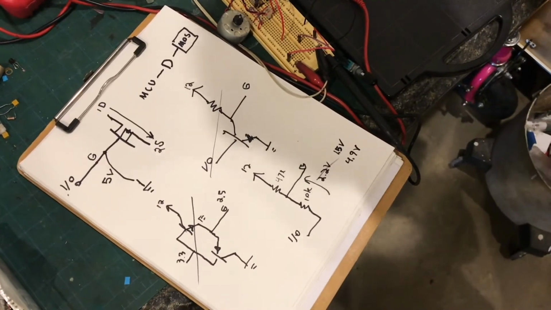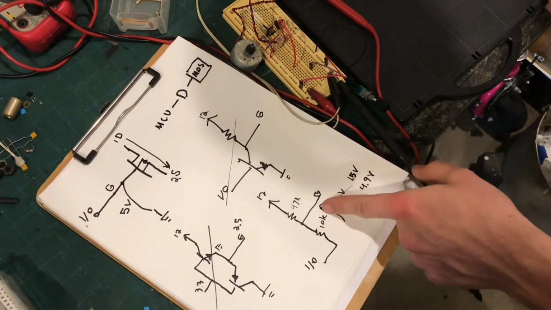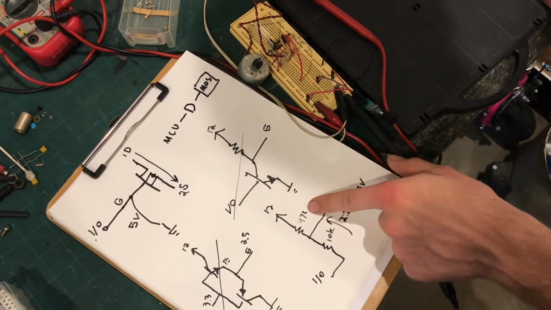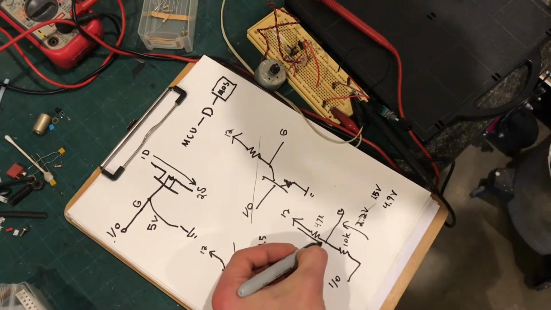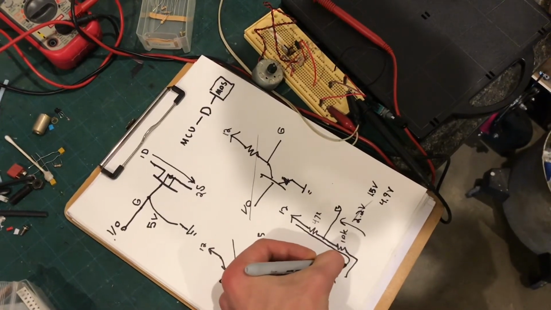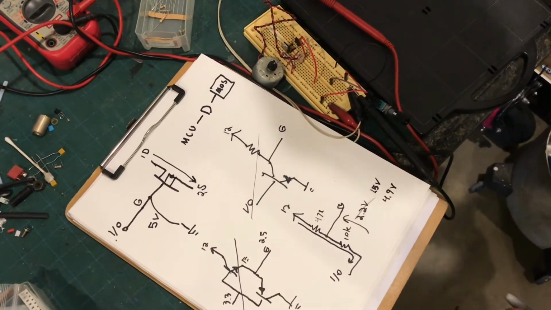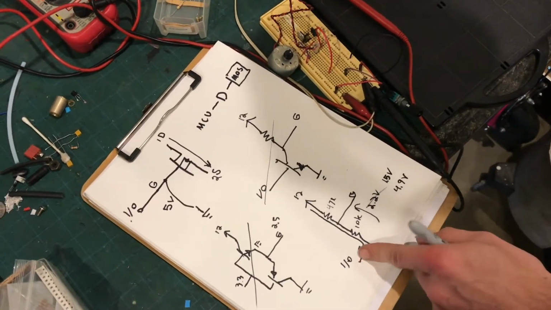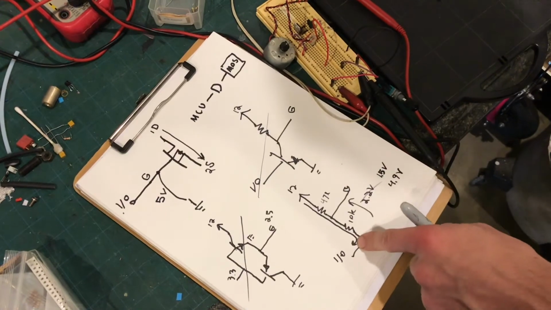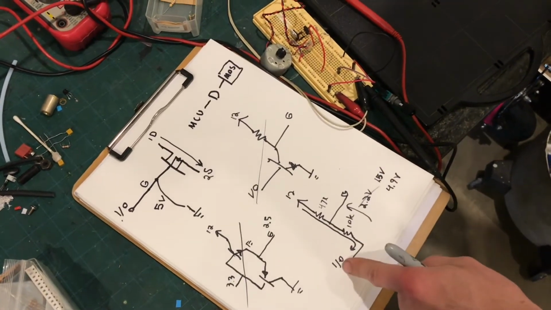And this only will work safely if you use high value resistors, so that current, well, you're going to see current flowing backwards through your I/O, and if that current is too high, it'll damage your chip.